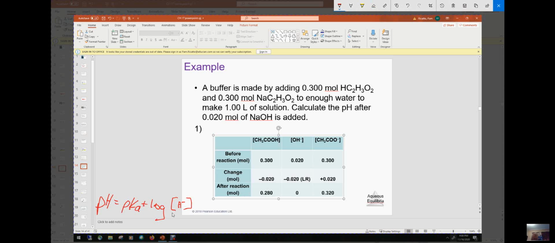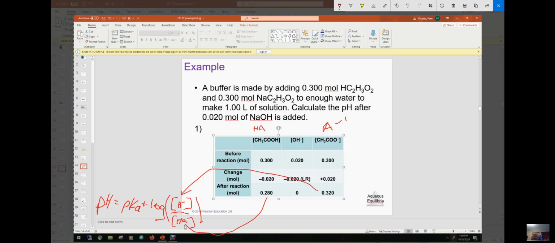Our acid is HA. This is all in parentheses. This one goes in the numerator, right? That's A minus. That's HA. This one goes in the denominator.